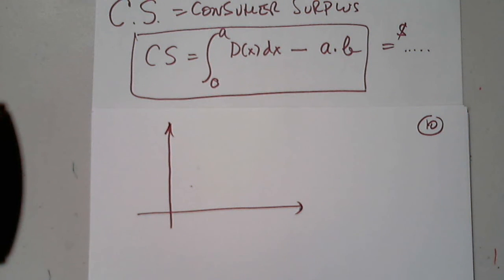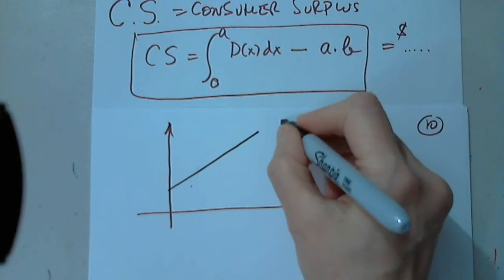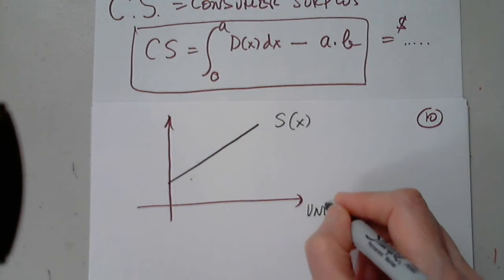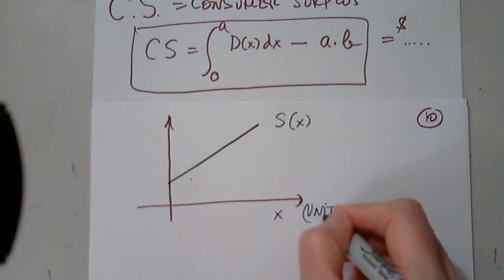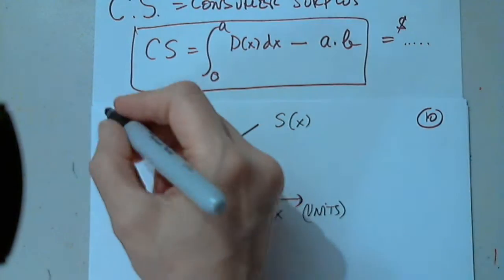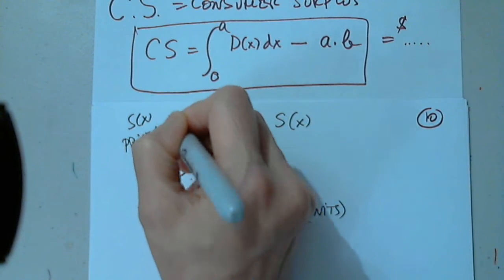So for the producer surplus, let's say this is the supply function, S of x. This is still the number of units, x, and this is still the price per unit, everything the same.